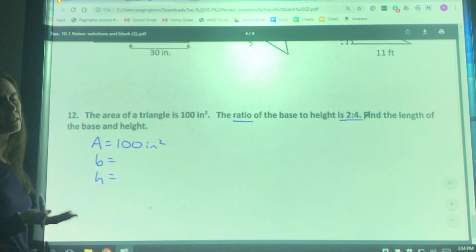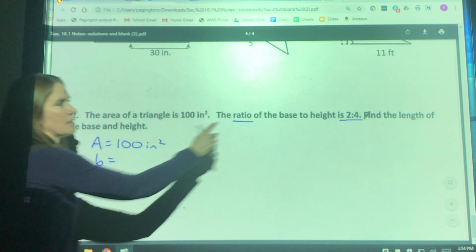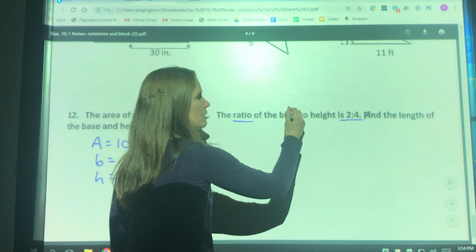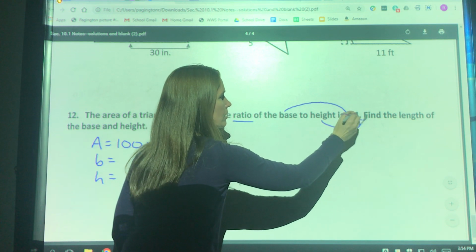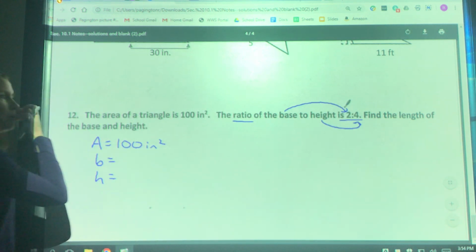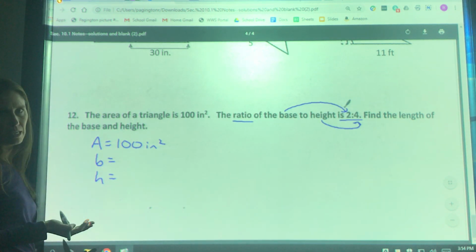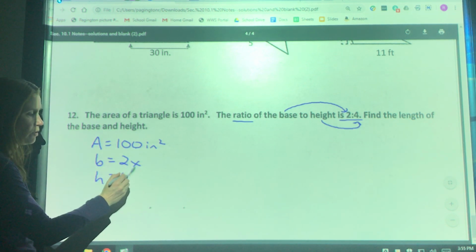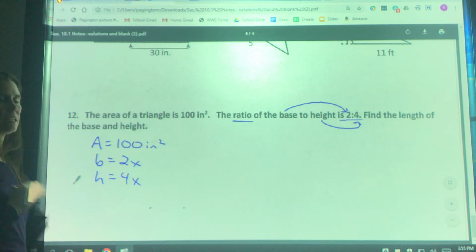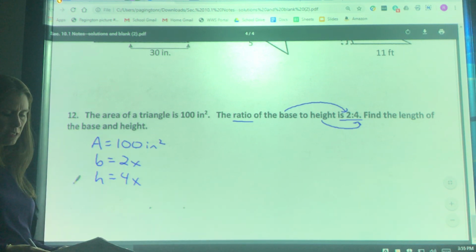So I do not know what the base and height are, but since they talked about the base first, that's related to the 2, and because they talked about the height next, that's related to the 4. So I'm going to give an expression for the base and the height. I'm going to say the base is 2x and the height is 4x. So that's at least a relationship that relates those.